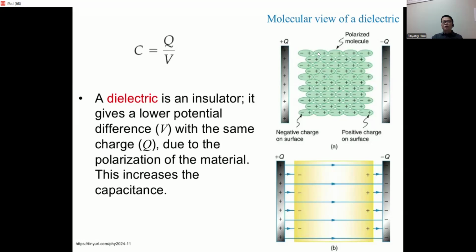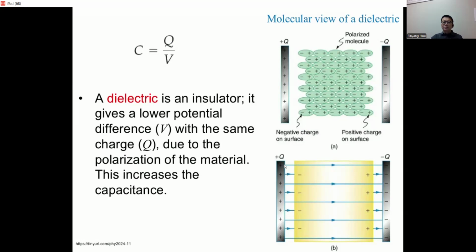Now, the electric field is originally parallel lines. Electric field starts from positive charge and ends at negative charge, right? And now it goes from positive charge to negative charge, then positive charge to negative charge, again and again. So you can see there are breaking lines there. That means the field lines are reduced.